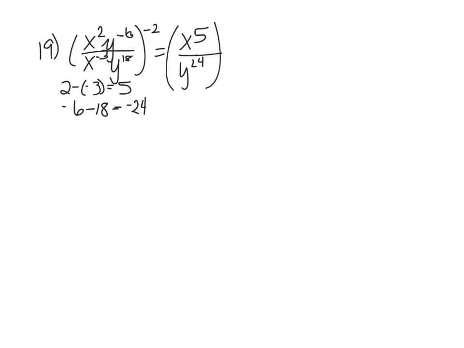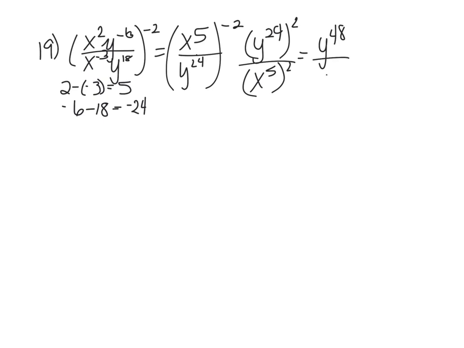And then we'll raise it to the negative 2 power. The negative can actually just flip it, make the reciprocal, y to the 24th squared, and then x to the 5th squared, which would be y to the 48 over x to the 10th.